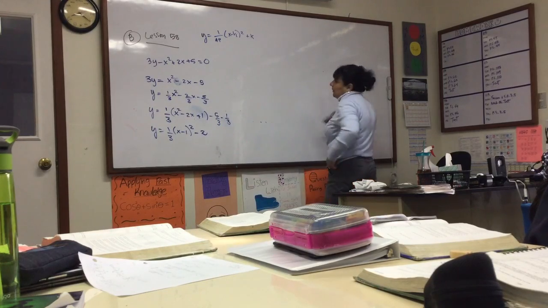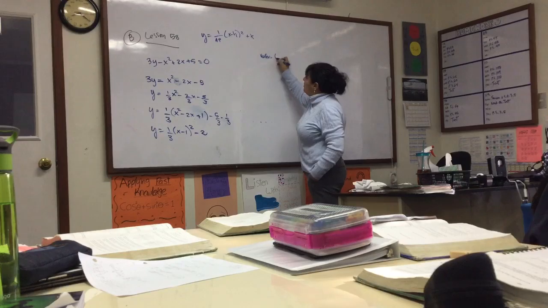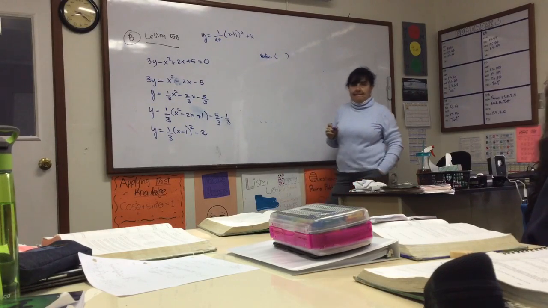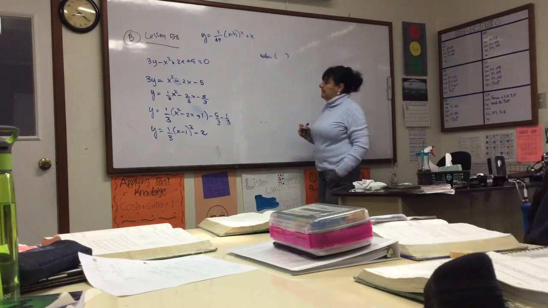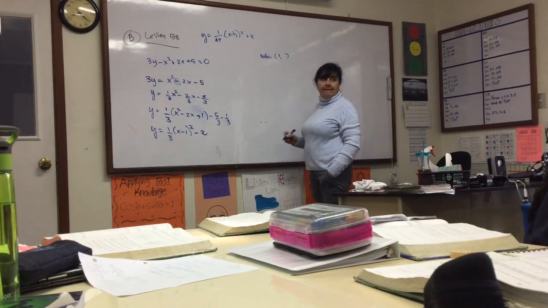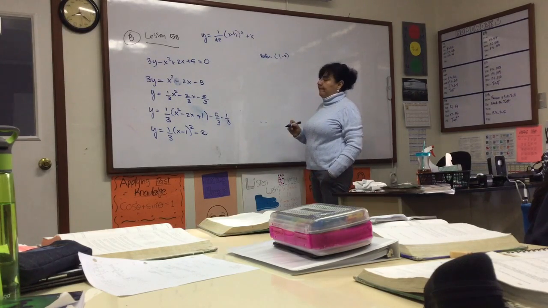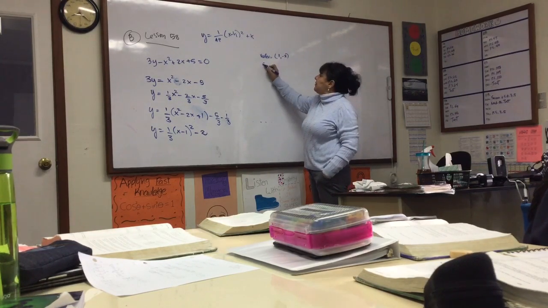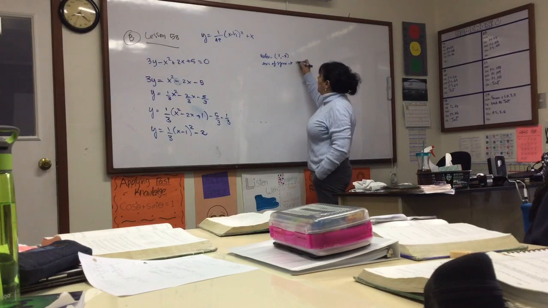Let's see. First of all, vertex. What's my vertex? 1, minus 2. Very good. Axis of symmetry: x equal to 1.